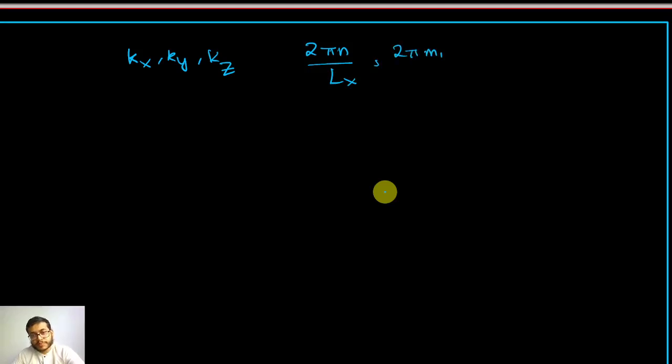Okay, so now let's see, here what we have is a discrete grid of kx, ky and kz. Kx, ky and kz cannot take every value, they can only take 2 pi n1 by Lx, 2 pi n2 by Ly, and 2 pi n3 by Lz.